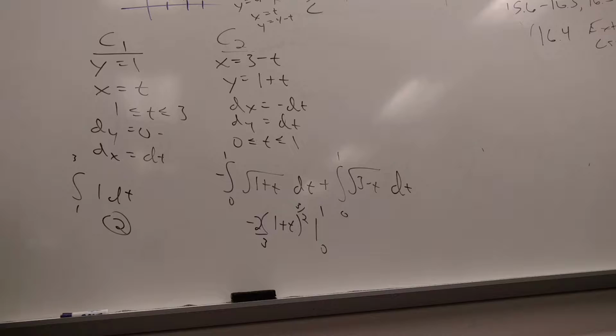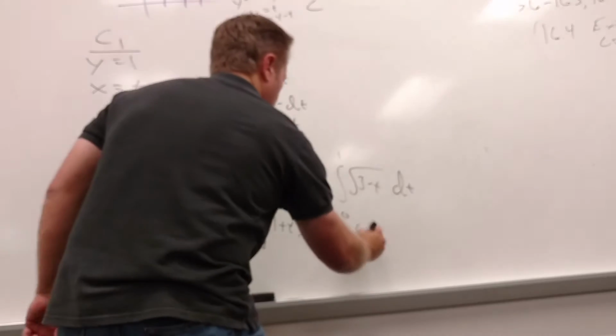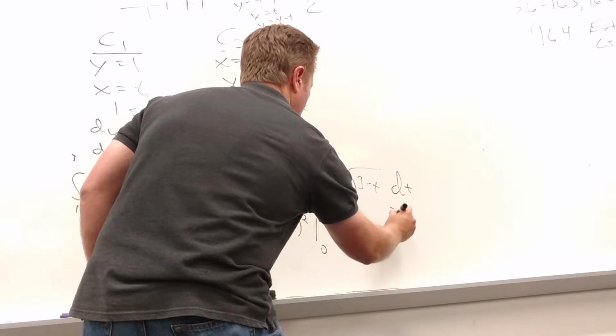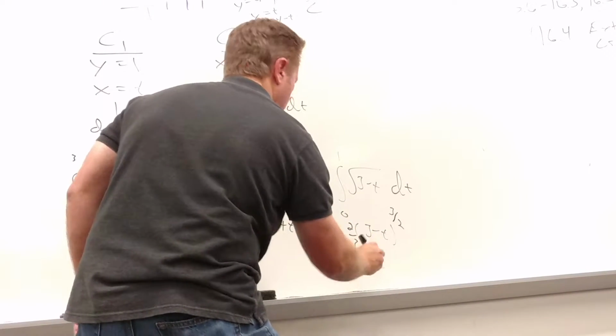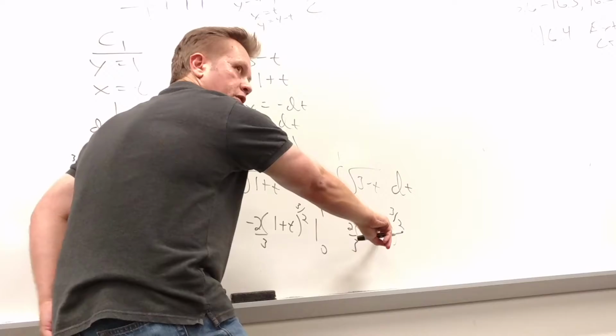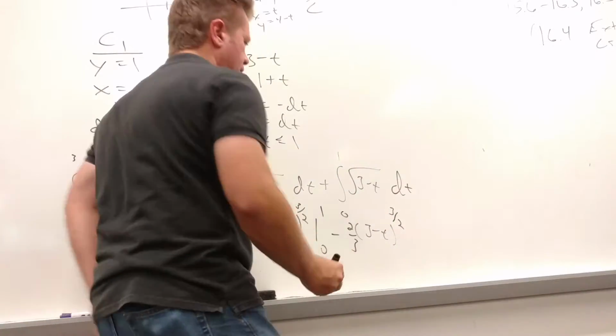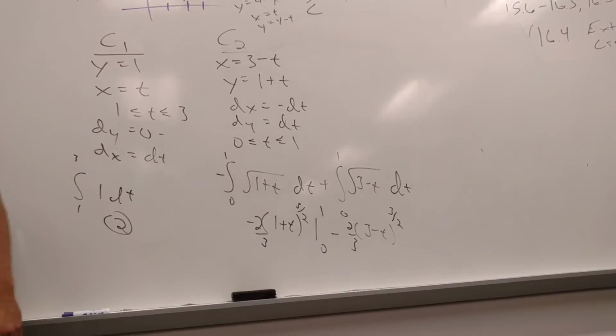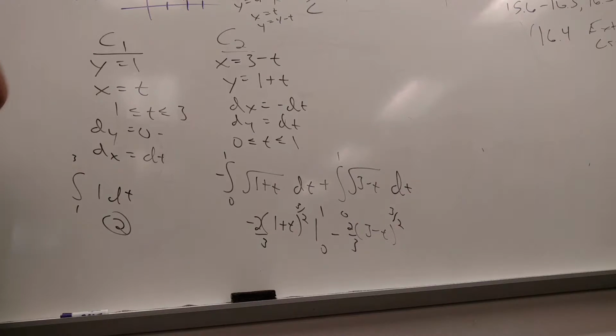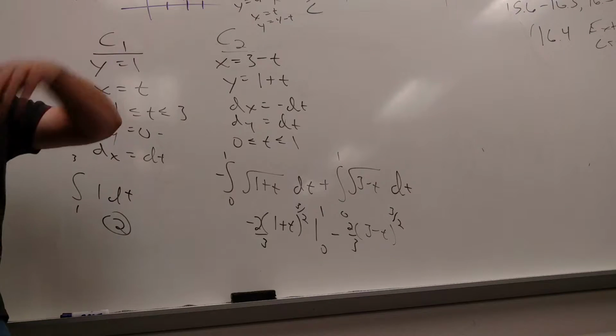Just be smart about it, or use u-sub, that'll work obviously. So this will be (3 minus t) to the 3/2 for the same reasoning, 2/3 out here. But I would have a negative that would come out, so I better put a negative to kill that. Do you guys see that? Or u-sub and du would be negative and so on.